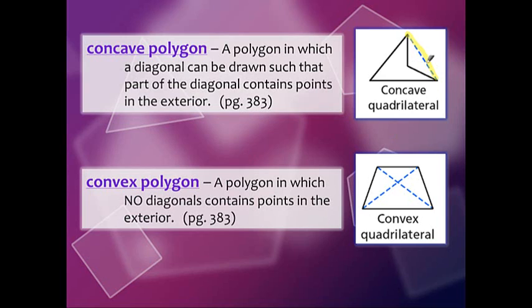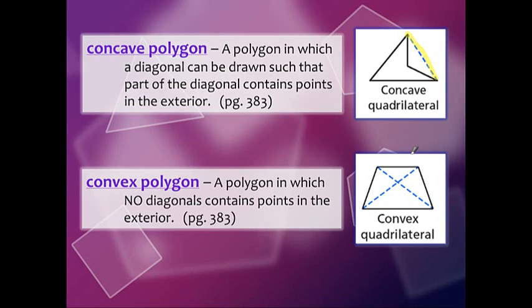And it may look like part of that shape or part of the figure has been caved in. We call that concave. For a convex polygon, no diagonals contain any points in the exterior. So drawing these diagonals here for this quadrilateral, both of them are inside the figure. No part of the diagonal is in the exterior. So that would be convex.